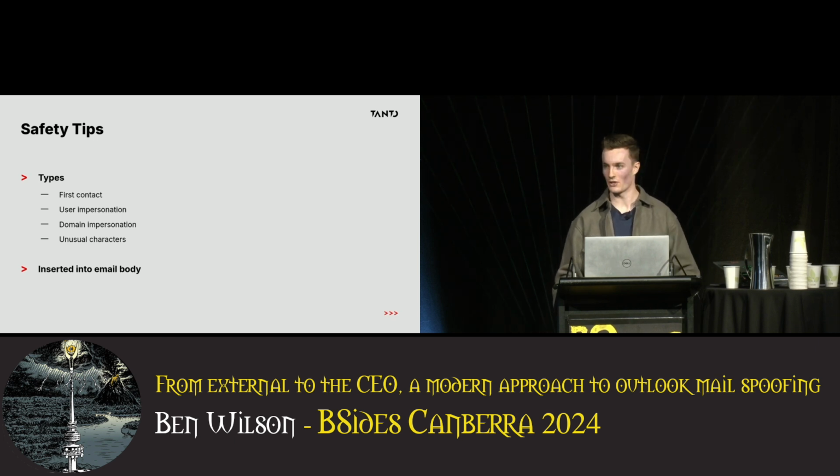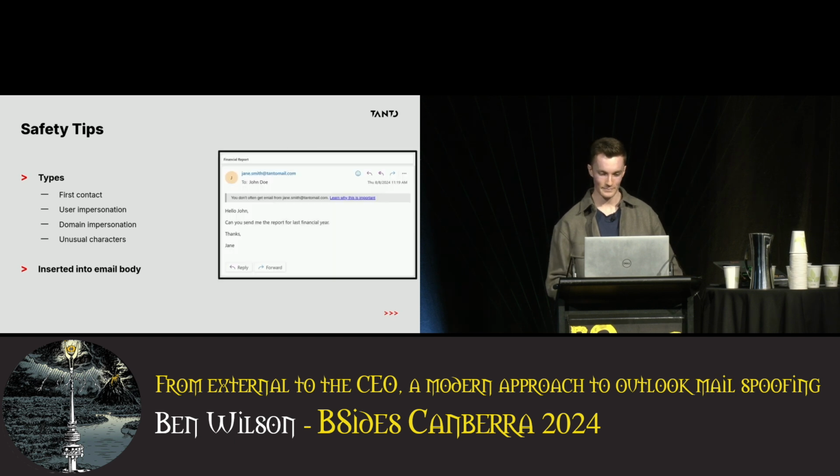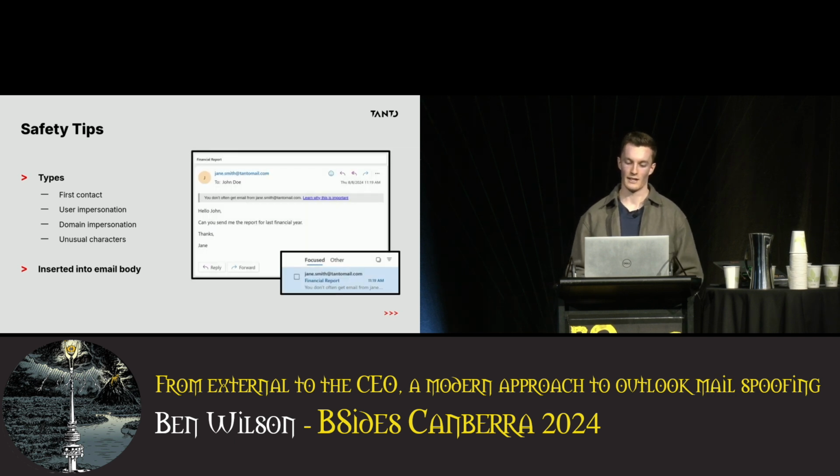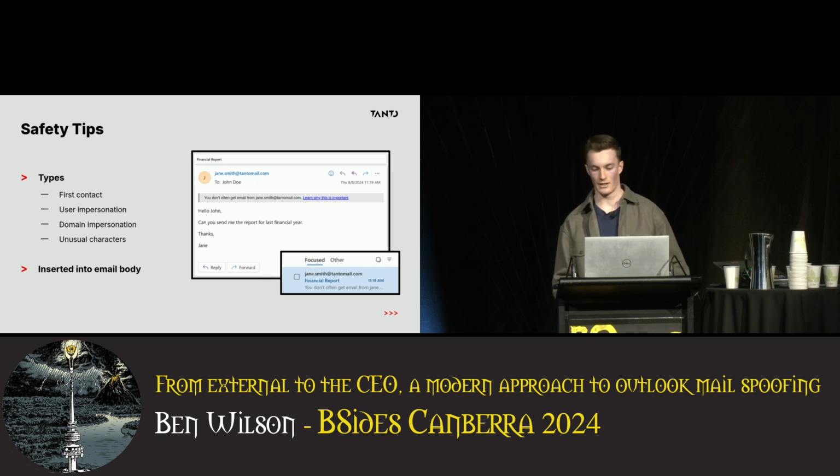And these are all inserted into the email body. So as you can see here, I'm sure many of you have seen that little grey box above an email at some stage. It essentially says, hey, you don't often get email from this sender. So, just a little subtle alert, and it also appears in the little preview pane on the side as the first text that you'll see.